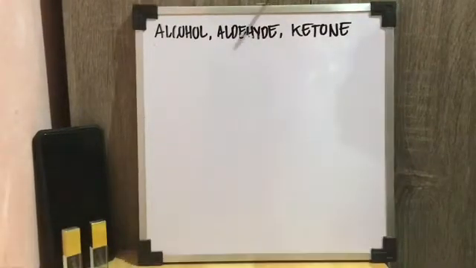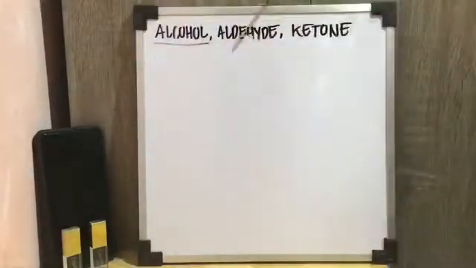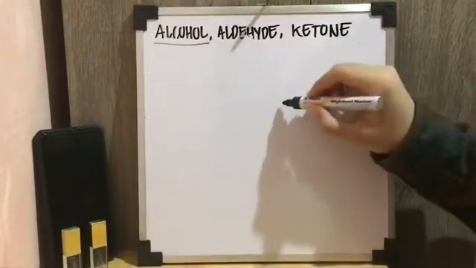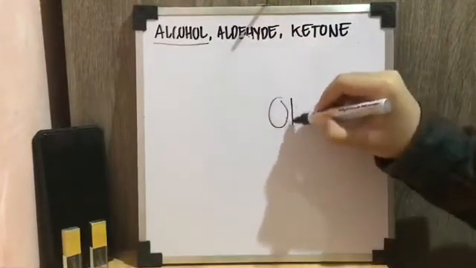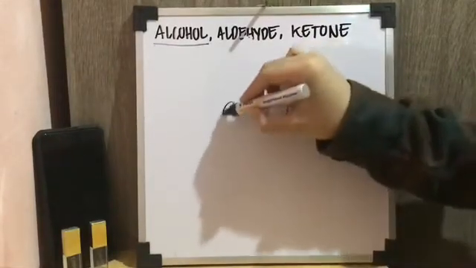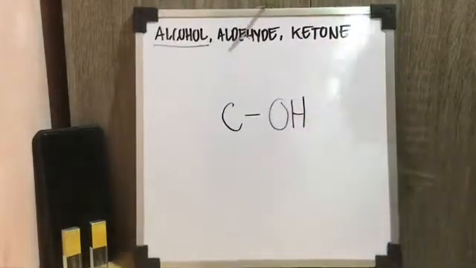Now that we have that out of the way, we can move on to the first functional group that we need to discuss, which is alcohol. Alcohol is represented by the hydroxyl group, which is OH, an attachment to a carbon atom.